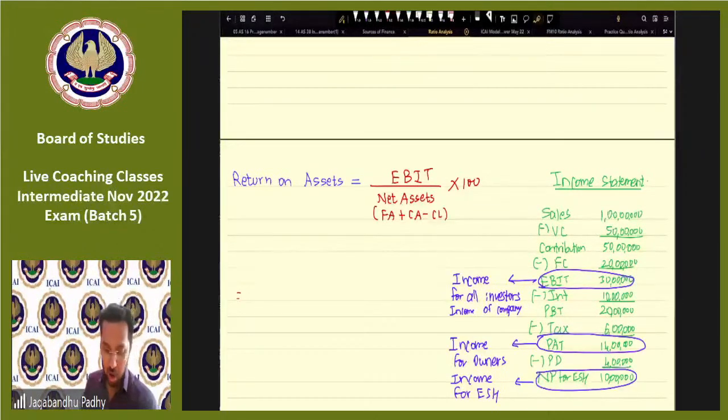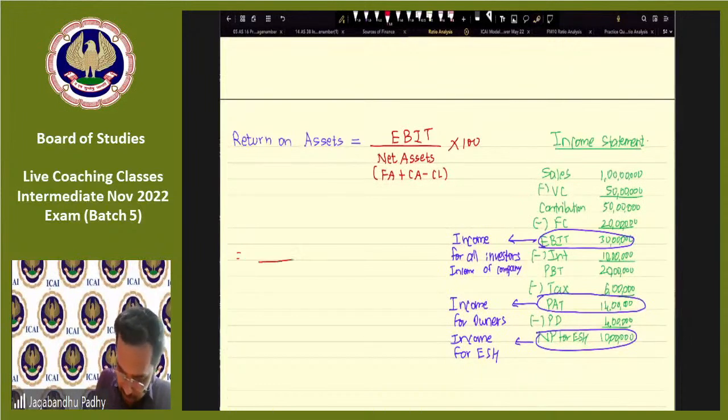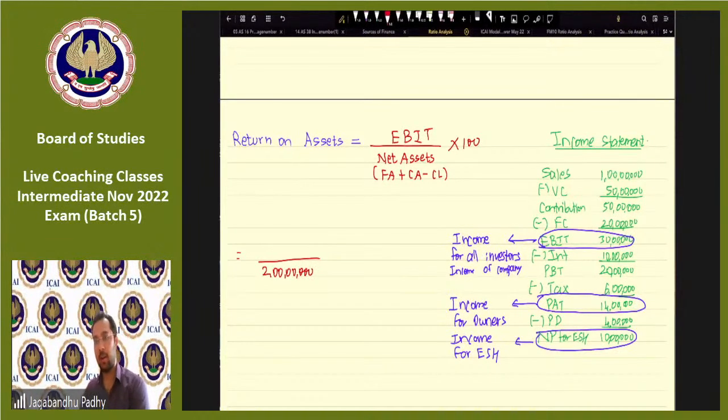So how much return is the company generating? Let's say if I tell you that the company is having total net assets of 2 crore.